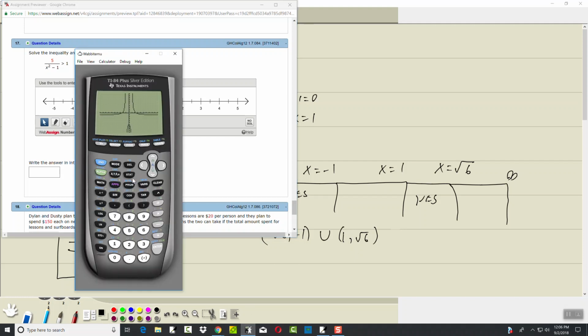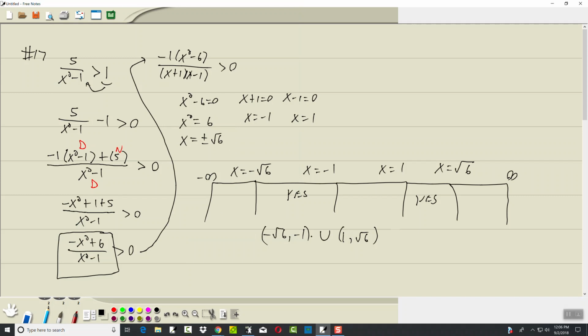If it counts it wrong, let me know. Square root of 6. So a little bit less than the halfway mark on that. But this would be what you graph.